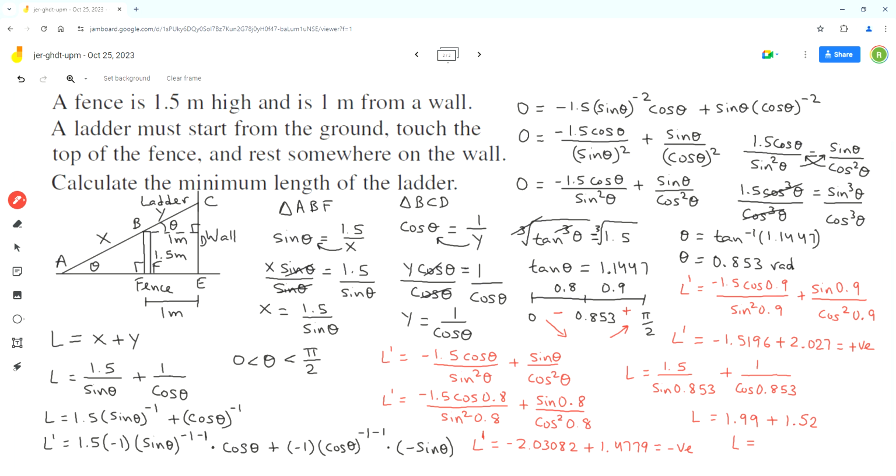I got 3.51 and the unit is meters. So this should be the final answer for this problem. So this is the minimum length of the ladder required for this situation.